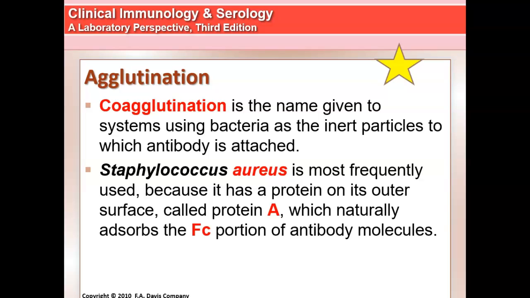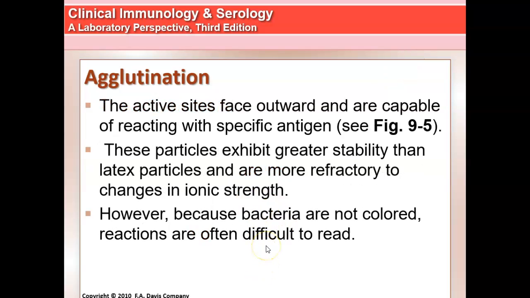Coagglutination is the name given to systems using bacteria as the inert particles to which antibody is attached. Staph aureus is most frequently used because it has a protein on its outer surface called protein A, which normally adsorbs the Fc portion of antibody molecules. So the Fc portion of antibody molecules can stick on this protein A on the surface of Staph aureus.